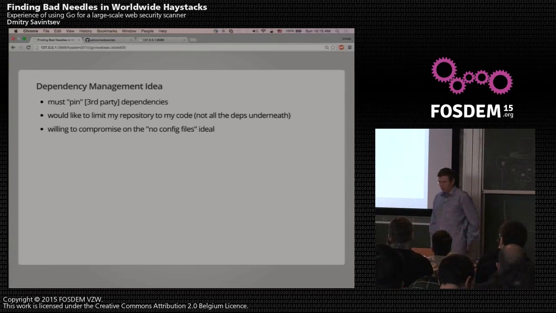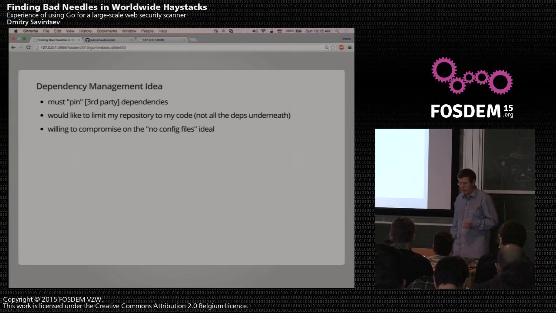Some thoughts on dependency management in a corporate environment: of course, we have to pin the third-party dependencies. Personally, I would like to limit the code in my repository to my code, so that it wouldn't have all the dependent libraries locally.